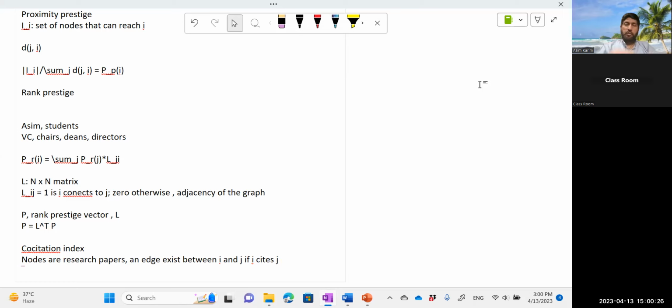Nodes are research papers. You must have seen research papers; research papers have references. So let me talk about research paper I. Now research paper I has references at the end, and in the references there is some other paper J. So I is citing another paper J. So that means that I would have an edge to the paper J. If I cites another paper K, it will also have an edge to paper K. Okay.